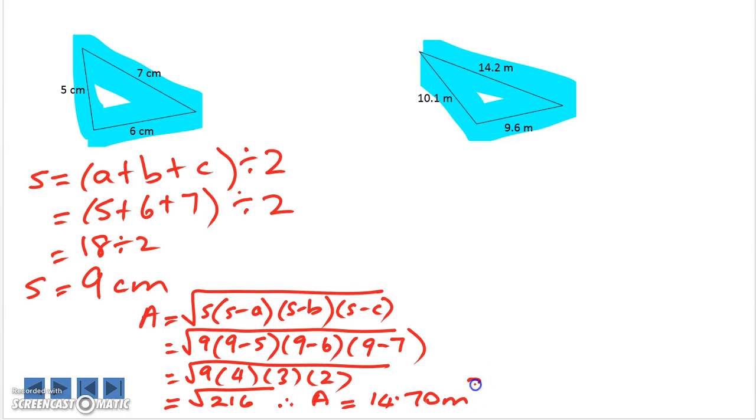14.7 metres squared. So there's a fair bit of working out, and there's a few places where you can make a mistake. If you make a mistake here, that follows on here. So just make sure that you double check before you move on to that second part of the formula. Okay, let's have a look at this second one here. I'll write it a little bit smaller so that we can fit it all in.